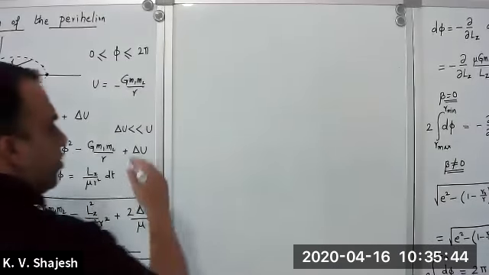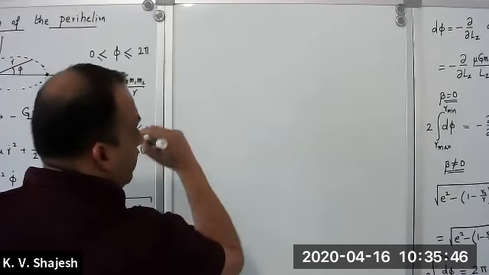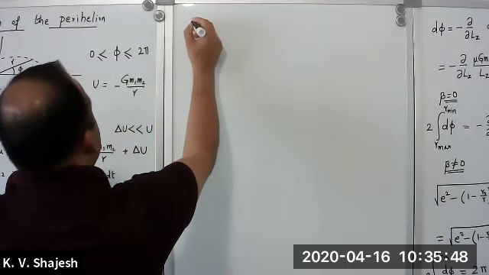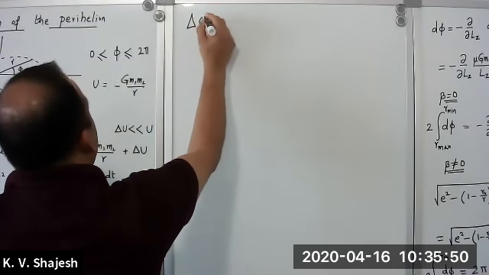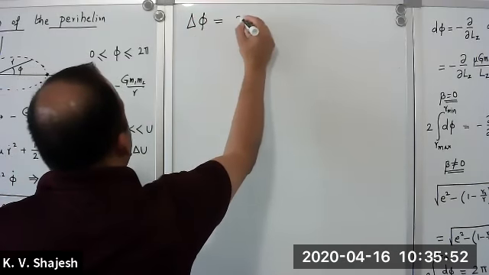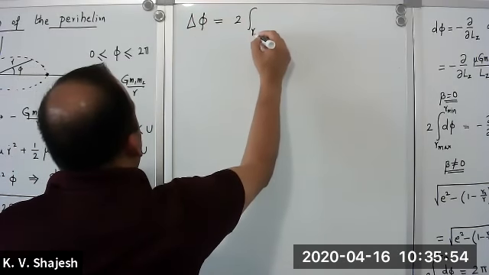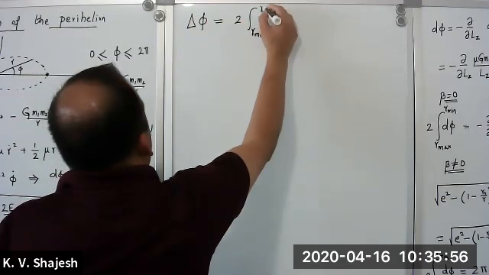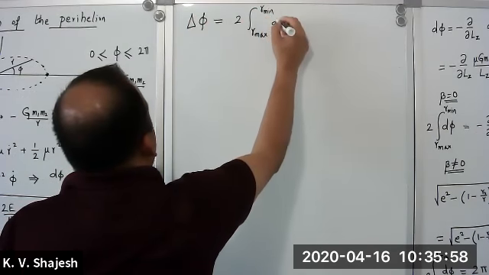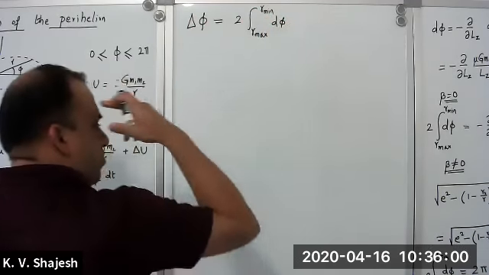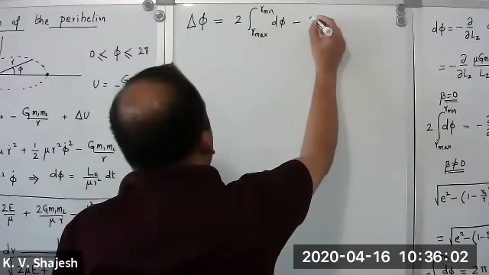If I were to introduce delta phi as 2 times the integral from r max to r minimum of d phi, minus 2 pi, let's say.